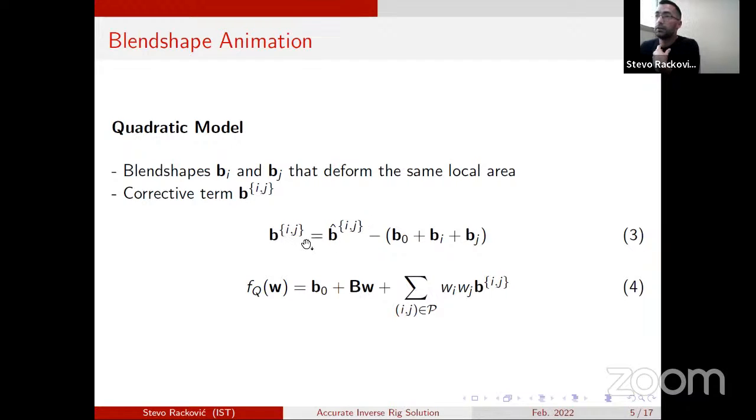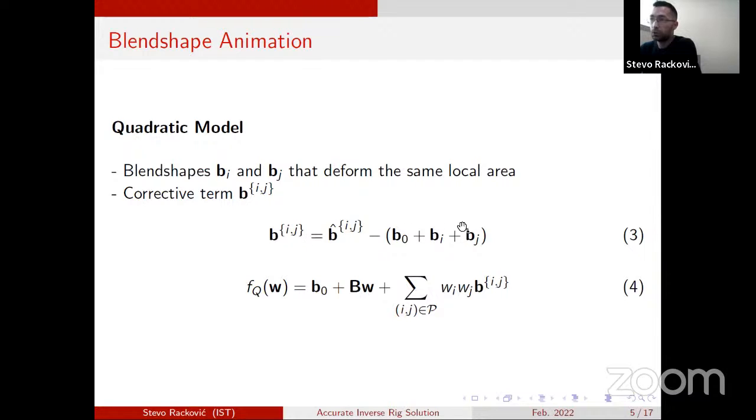If the animator expects to get some shape when activating them together, we can define that as the expected shape, and if that is different from what it really gets, the artist needs to sculpt this by hand, and then take the difference between the expected and obtained mesh, and this is called the corrective term.